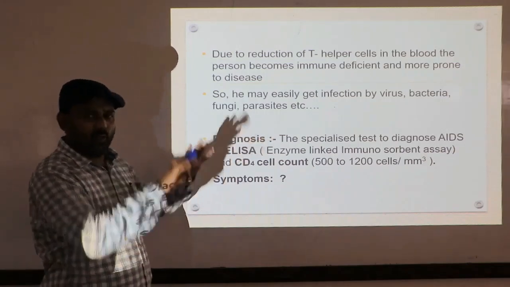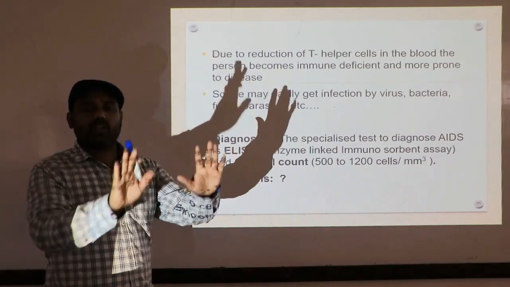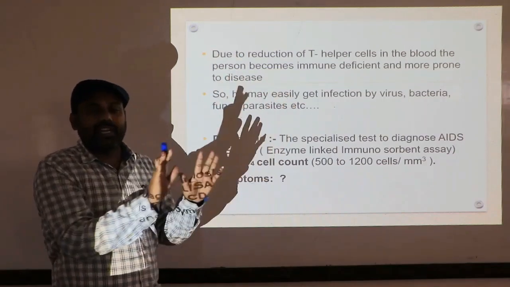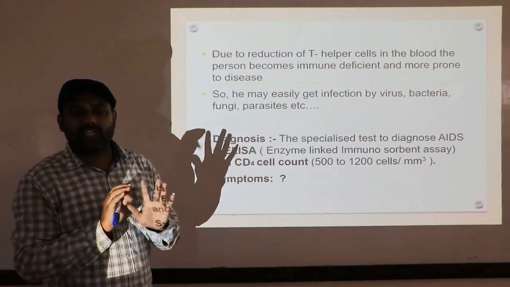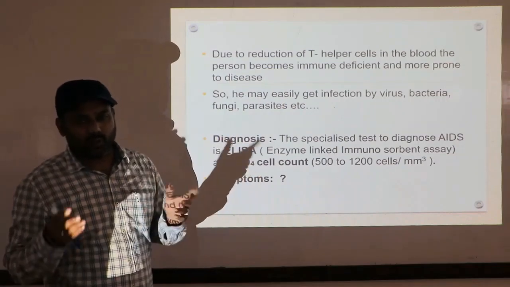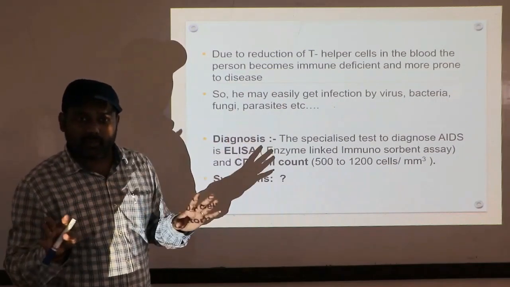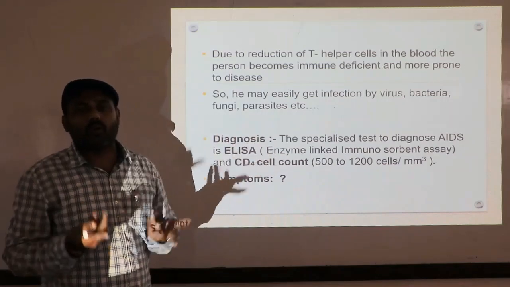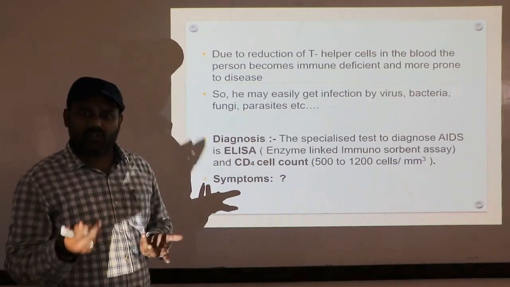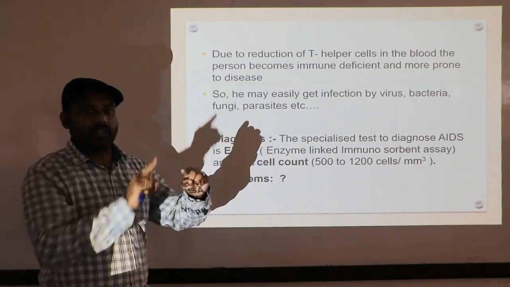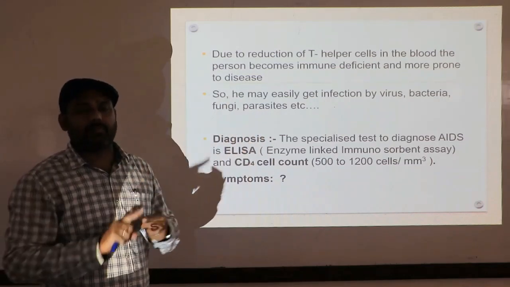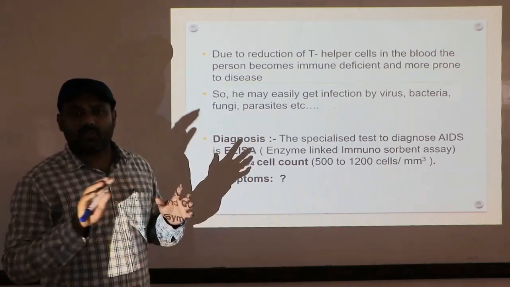So overall I am telling you people, the person who is suffering from HIV, in their body there is no immune system. I told you no immune system means he is more prone to get disease or infection. So in the HIV patient's body, there is no immune system.